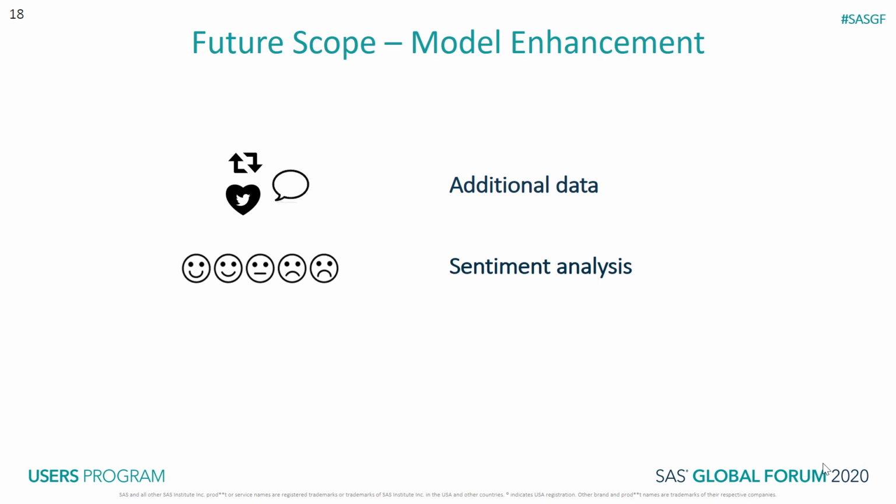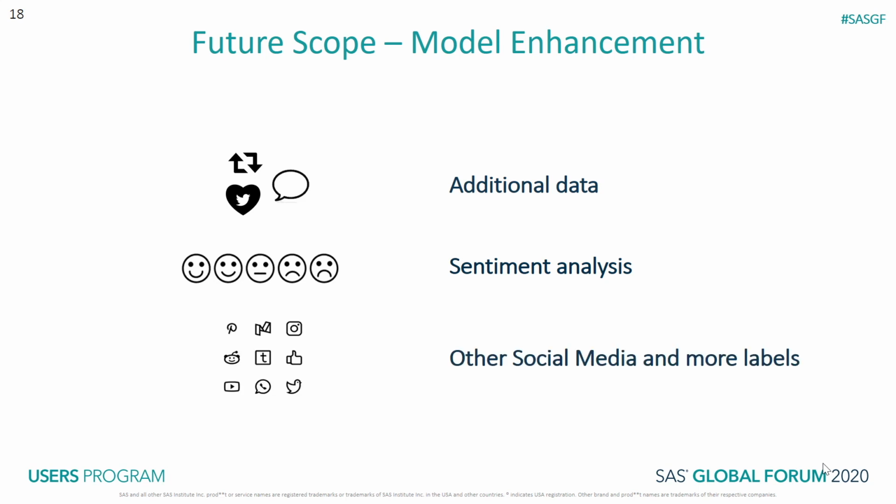We would also like to delve deeper into the meaning of the tweet by doing some sentiment analysis. Finally, we would like to extend our application to other social media platforms and also include more labels for categorizing.